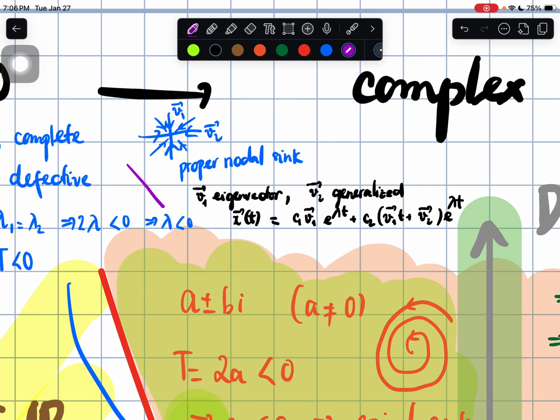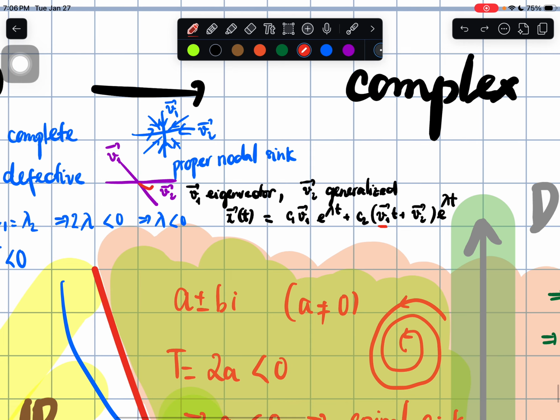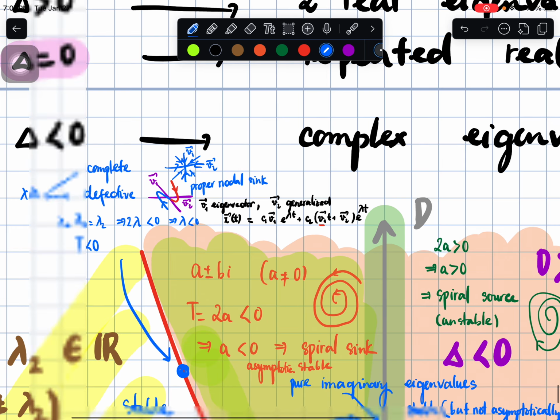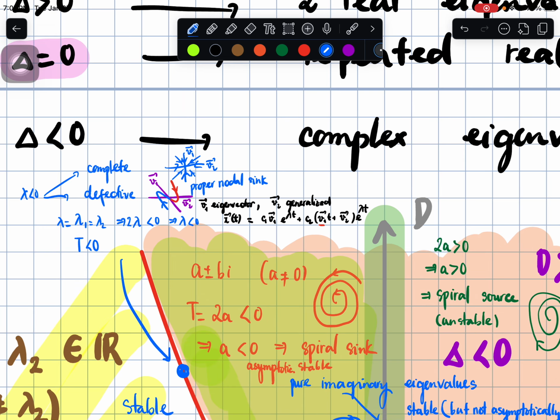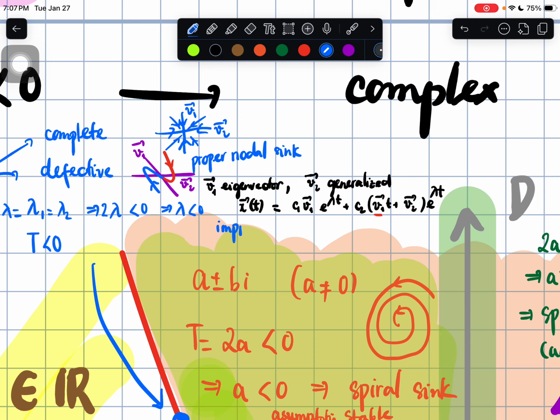So v1 gives us this line, v2 gives us this line. The other solution would be like that, parallel to v1. But then lambda is negative, so we sink. This is an improper nodal sink.